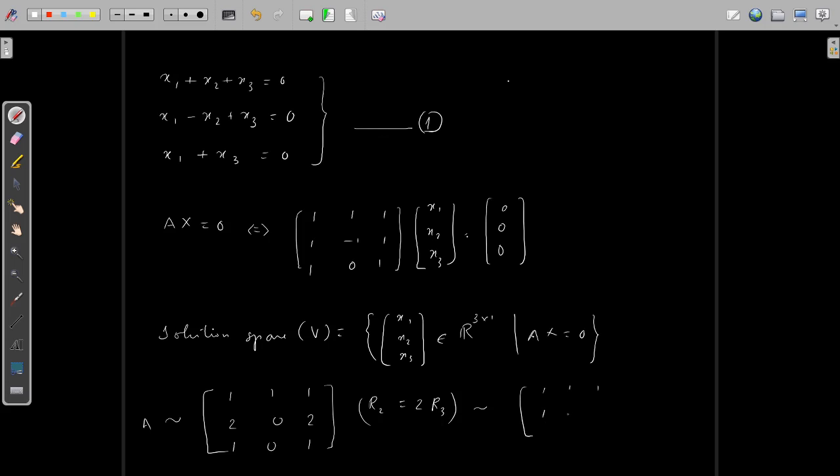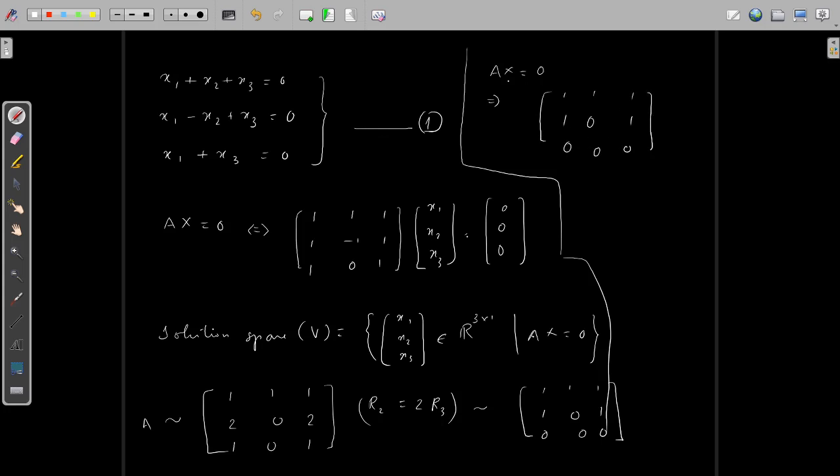By dividing the second row by 2, you can write it as 1 0 1, and you can subtract row R2 from row R3 to get 0. So this is the equivalent form. Now Ax equal to 0 reduces to the matrix 1 1 1, 1 0 1, 0 0 0, times x1 x2 x3, equal to 0 0 0.